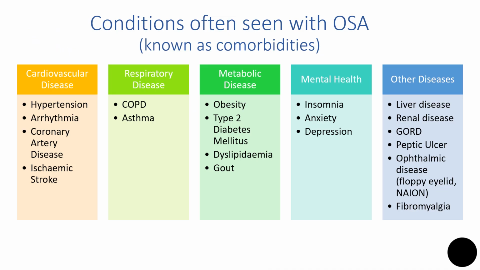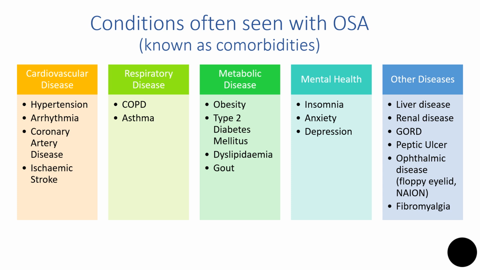So I've just put this slide on to show various other diseases and conditions that people with sleep apnea often have. These are known as comorbidities. That means these two or multiple conditions are often seen together. It doesn't necessarily mean one causes the other, but it does mean they're often linked.